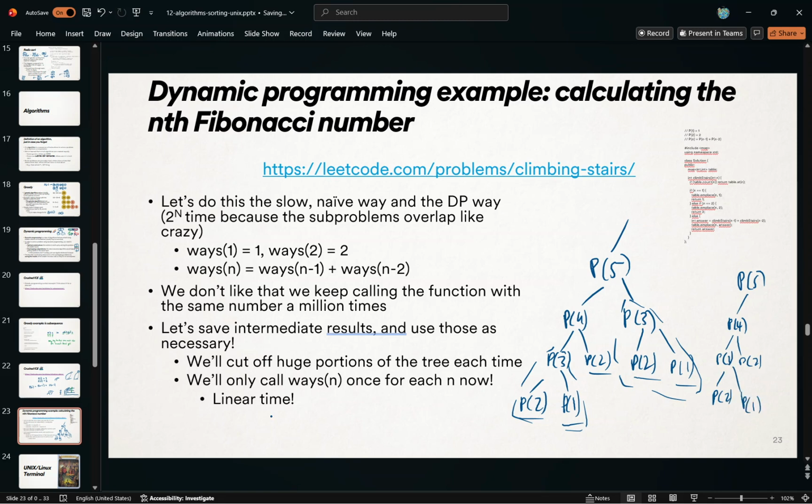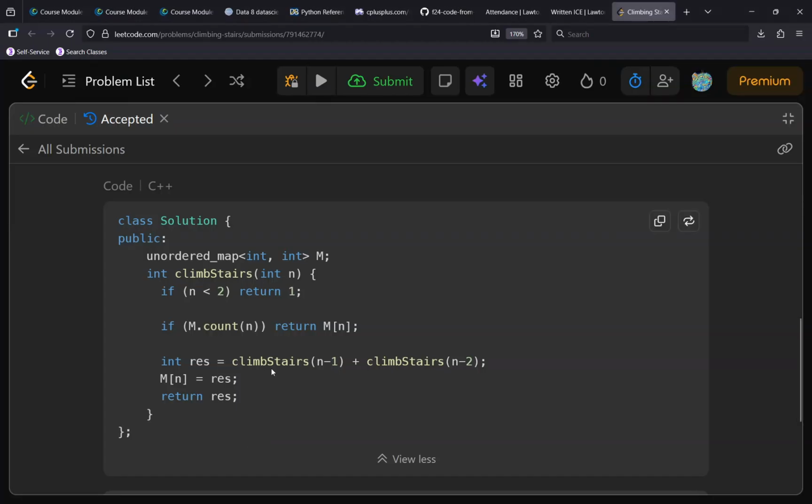So that's all the work that will ever be done, because P of 2, P of 1 are base cases. P of 5 will call P of 3 here, and it will just be done, because it has the answer saved away already. So it's like 2 times n calls or something like that, which is a linear number. So it's much better. You don't go too deep. That's wonderful. So that turns into linear time, more or less.